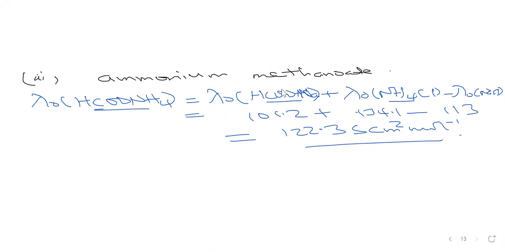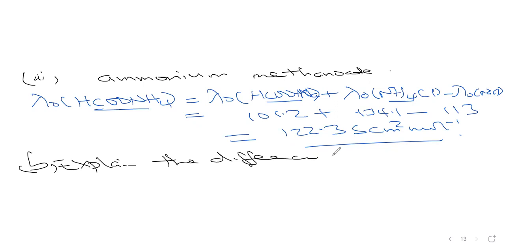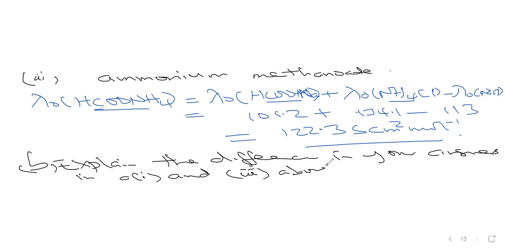Now, part B of this question is to ask you to explain the difference in your answers in A1 and 3 above. This is Roman 3, the molar conductivity of ammonium methanoate.